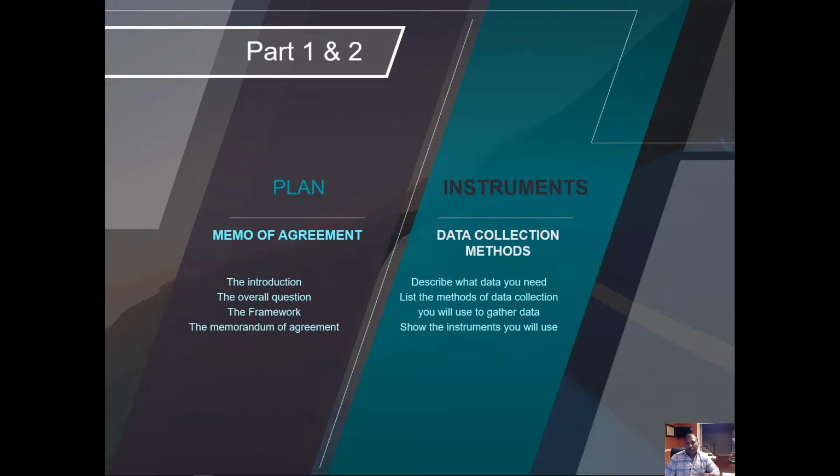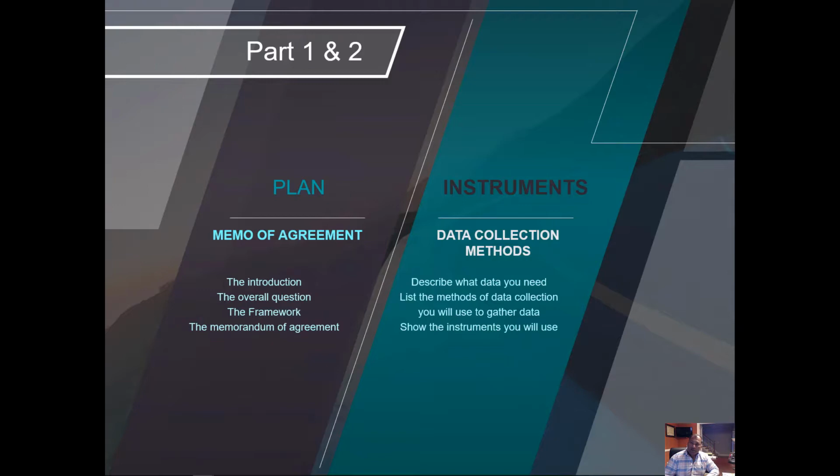So in that second part, you went ahead and described the data that you were going to need for your gap and for your needs analysis. You were going to list the methodologies, whether it was an interview, a focus group, a data retrieval, etc., and also show what that instrument is going to look like.